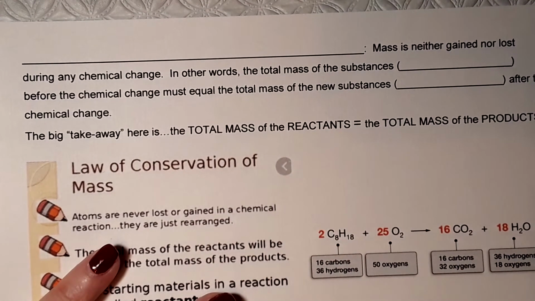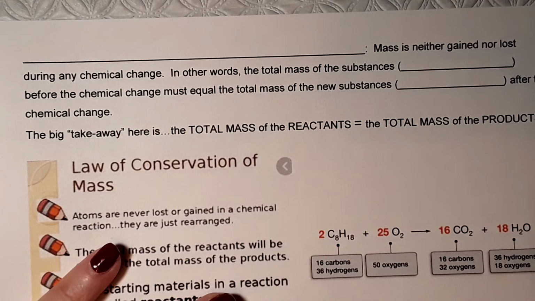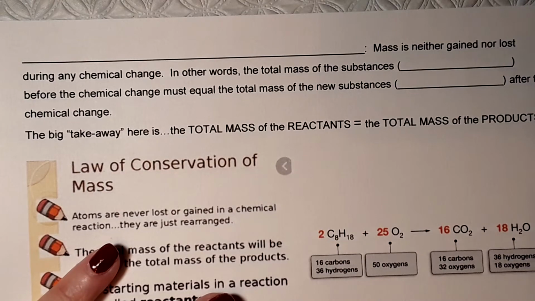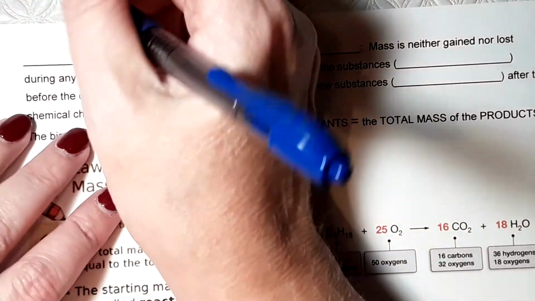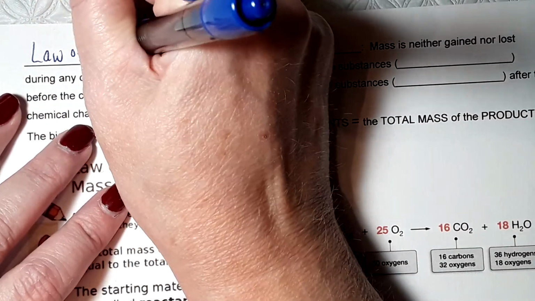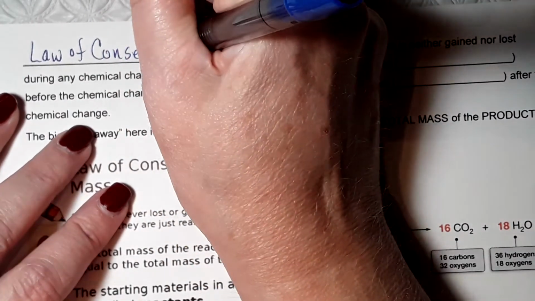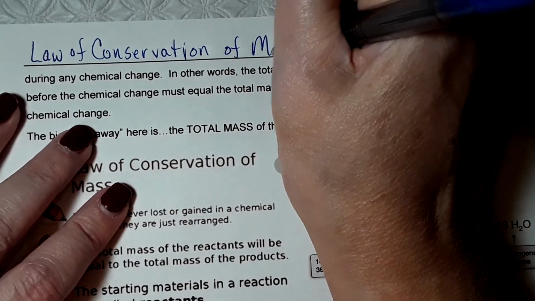But here's the catch. Whenever a chemical change takes place, it does not change the total mass of the original substance. Okay, here's what I mean. We're going to talk now about the law of conservation of mass.